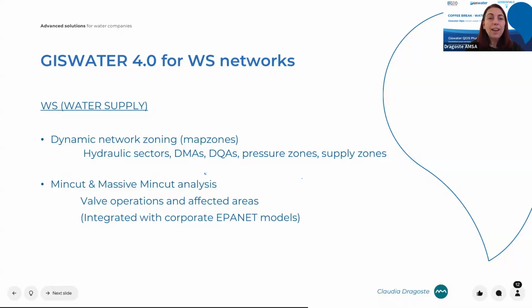In this way we can see very fast which valves we have to close and see the area that is without water. With this new refactor, we can have this process in around 1 to 3 seconds, which is great.